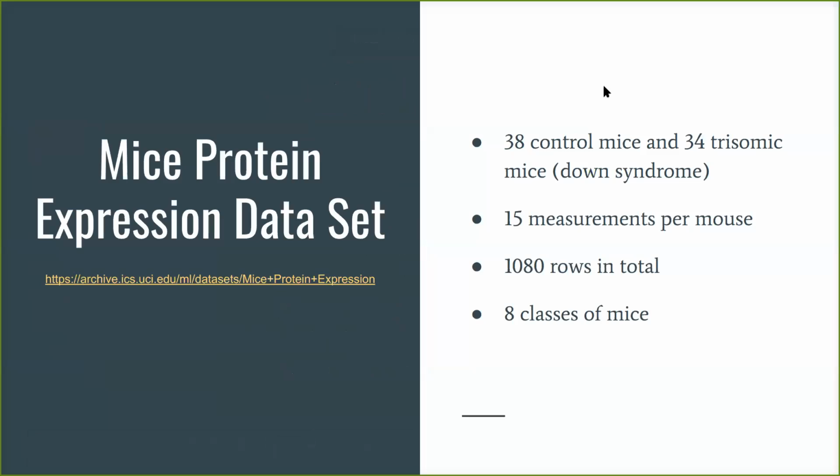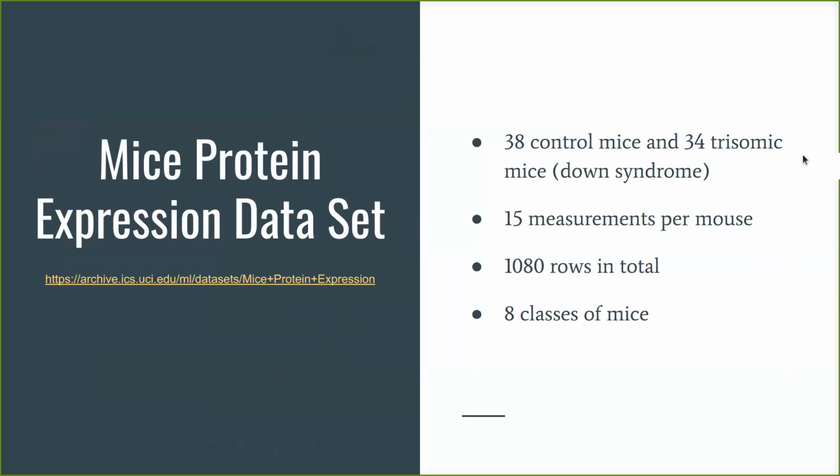The data set that we are using is the mice protein expression data set. There are 38 control mice and 34 trisomic mice. Trisomic is the same as Down syndrome.